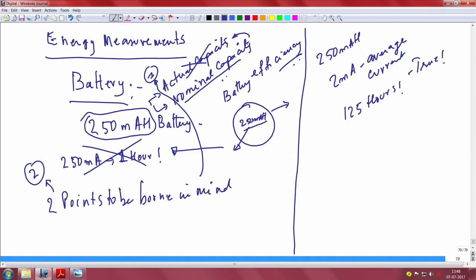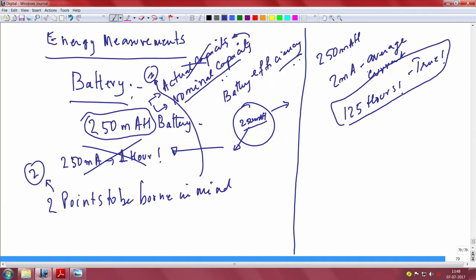Okay. Of course, be careful that the first point is with respect to the fact that you are just looking at the nominal capacity and then arriving at this number.